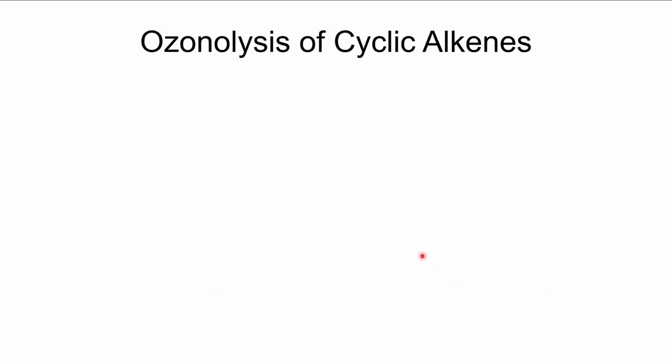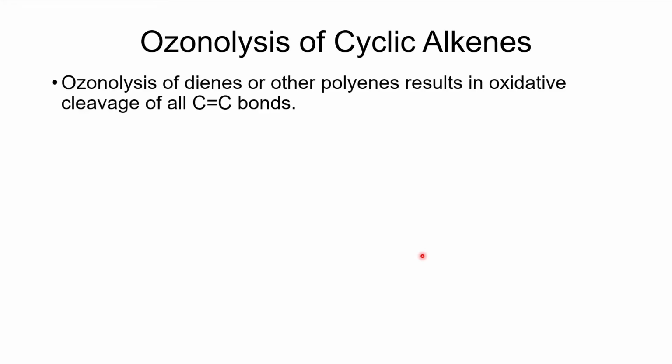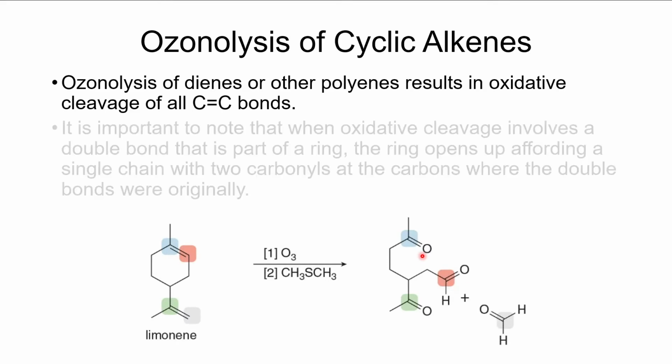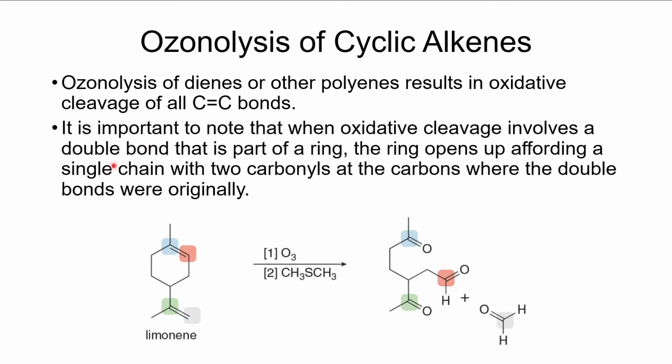All right, we can do ozonolysis on cyclic alkenes as well. So when we do a diene or a polyene, we'll get oxidative cleavage of all the carbon-carbon double bonds. And if we happen to have a double bond that's part of a ring, then we will cleave that, and those will each become carbonyls.